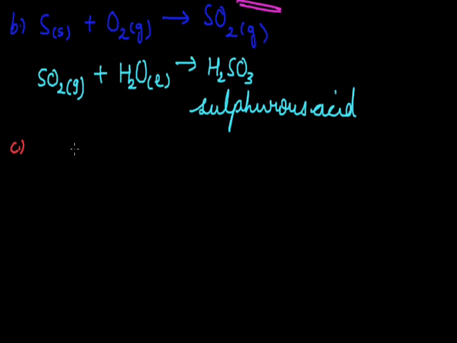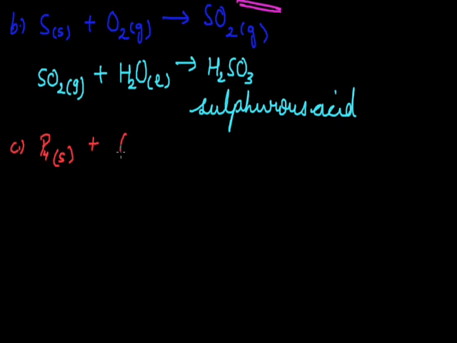Next is when phosphorus is burnt in air. It reacts with oxygen of air and forms phosphorus pentaoxide. Phosphorus is written as P4 because phosphorus exists as a tetraatomic molecule, having 4 atoms in one molecule, and it is stable in that way.